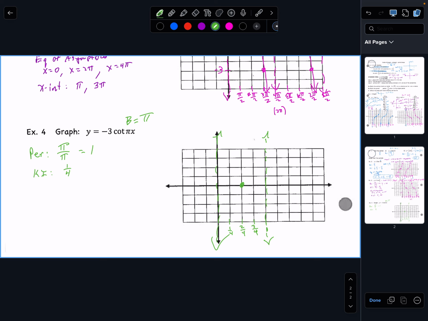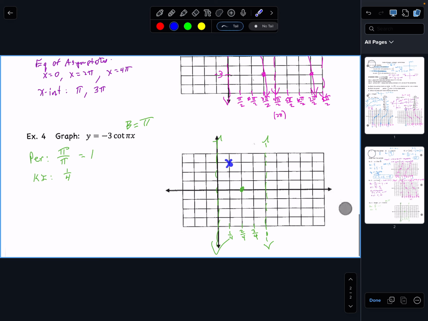Halfway in between them is the 0, but normally it would be up at +3, but since it's negative, it's going to be down at -3. And again, we want to emphasize that change in concavity. So kind of have it go a little bit flat right there and then curve up.